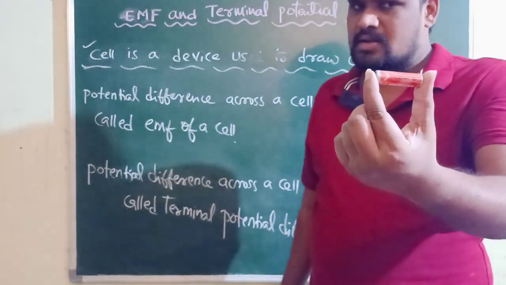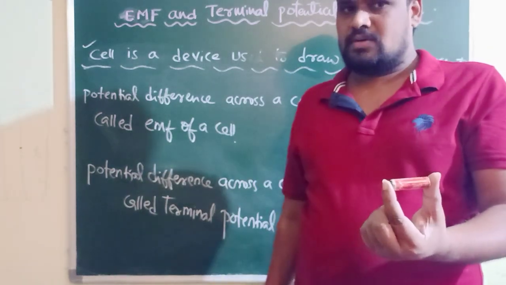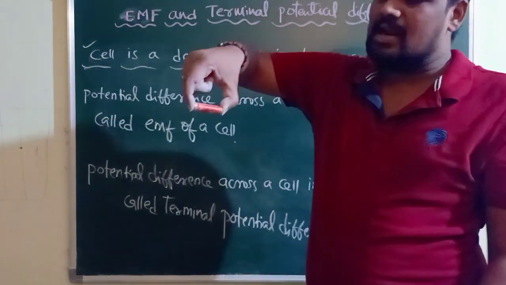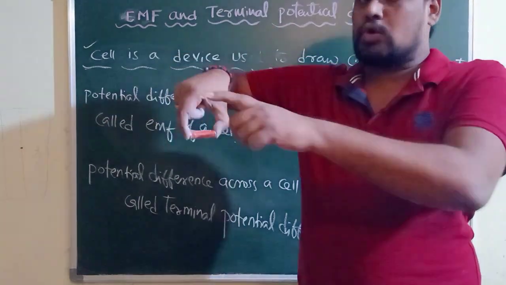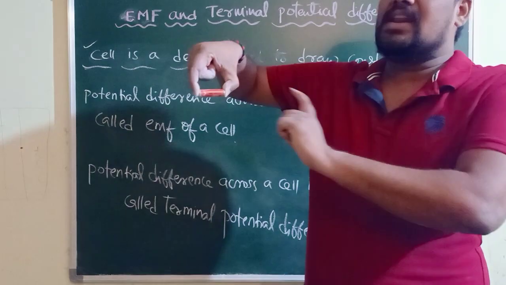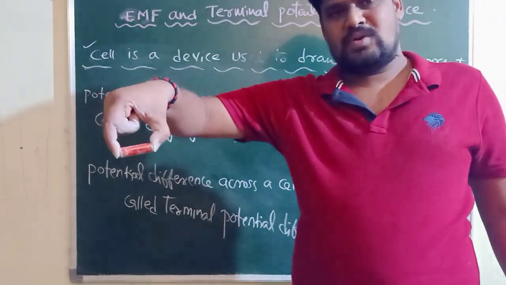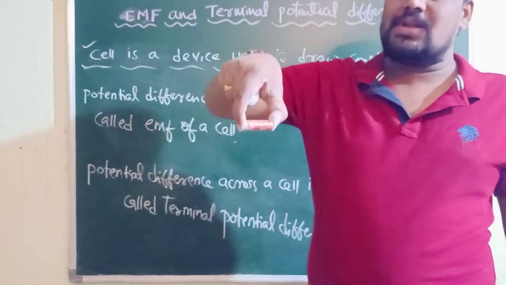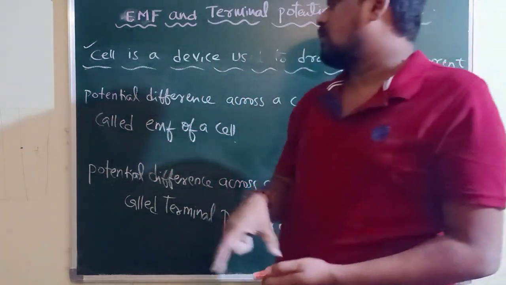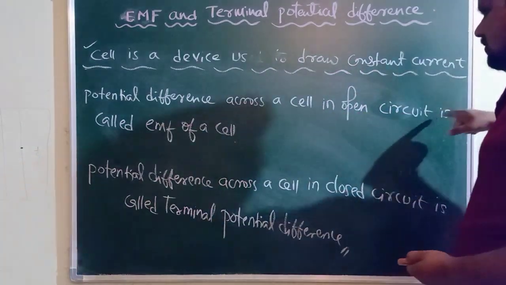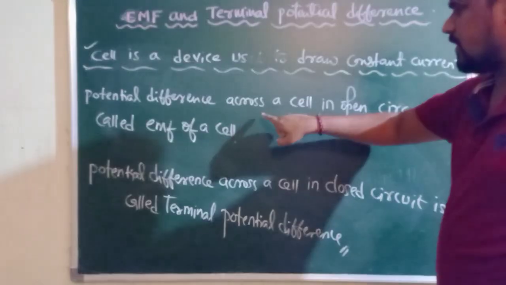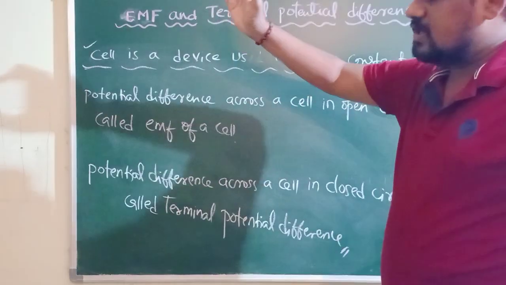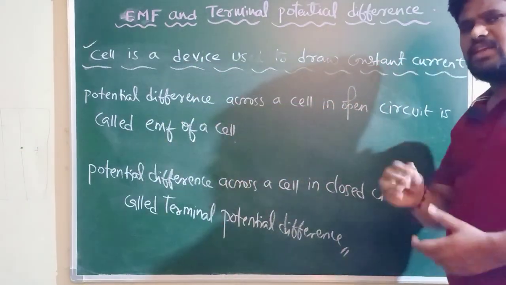Take a cell in open circuit and measure the voltage across it with a voltmeter. Whatever voltage is read by the voltmeter, that is the potential difference across a cell in open circuit. That potential difference we will call the EMF of a cell.